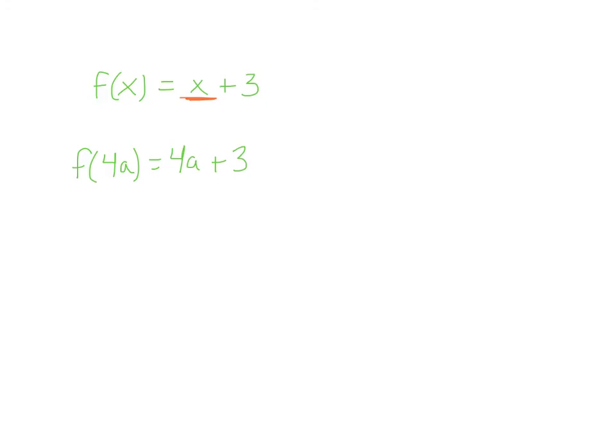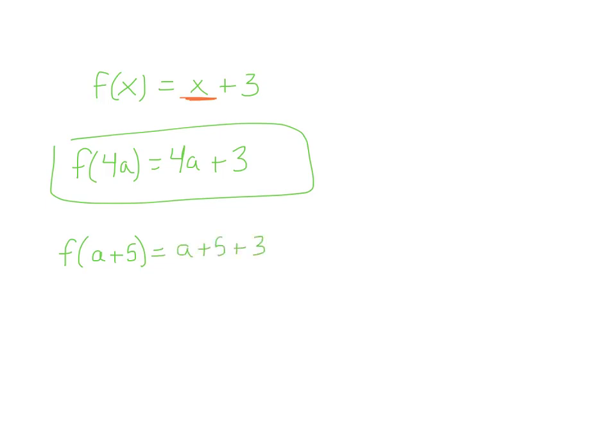Those aren't like terms, so we can't add anything together. This would be our answer to f of 4a. Or they could give us f of a plus 5. So we plug the a plus 5 in where x is, and then we have a plus 5 plus 3. Now I do have like terms. I can do 5 plus 3 and get 8. So that would be our answer.